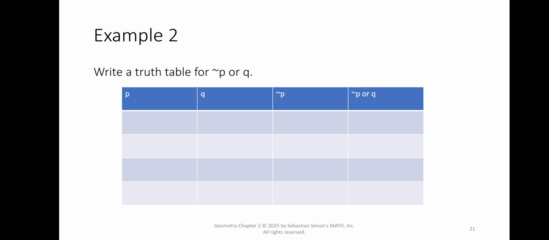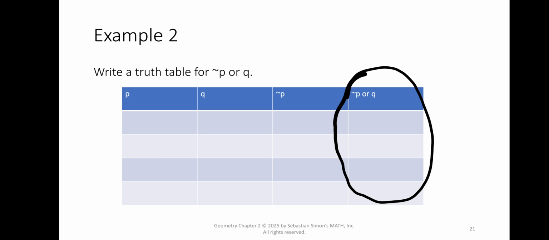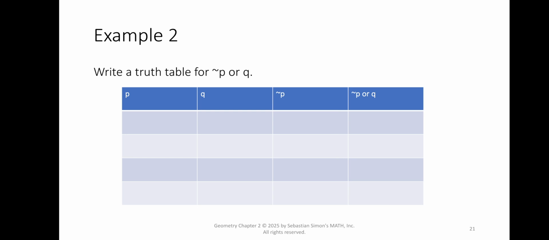Example 2. Write a truth table for approximate P or Q, which is this column right here. Here's the truth table.